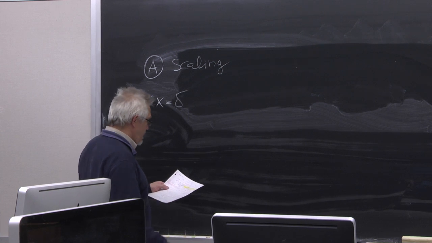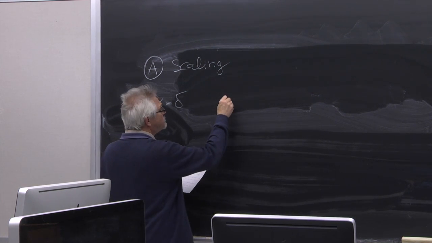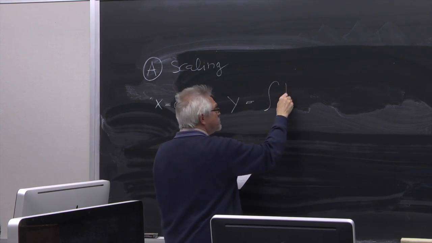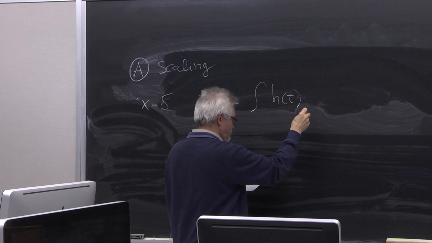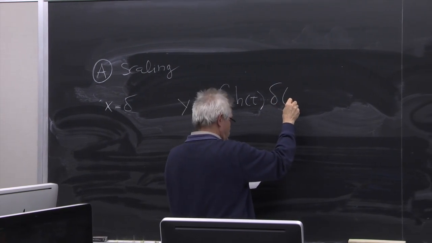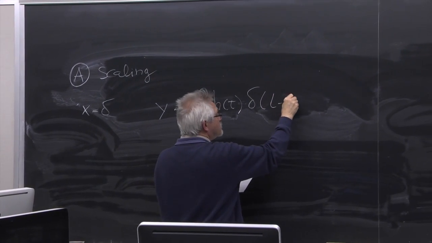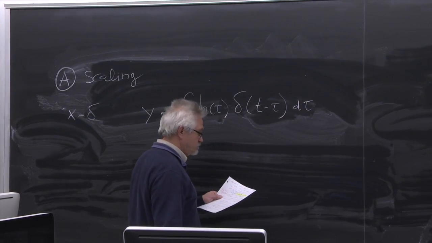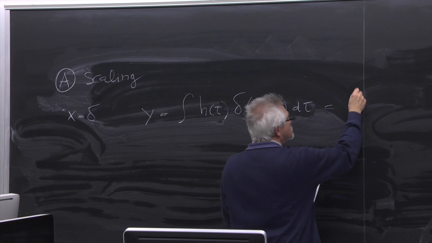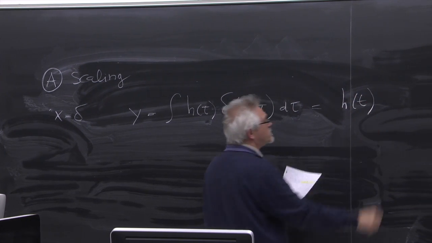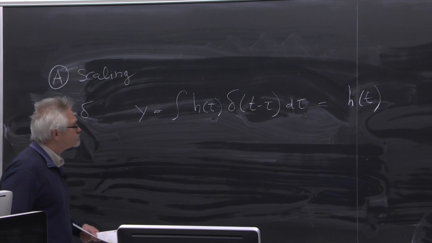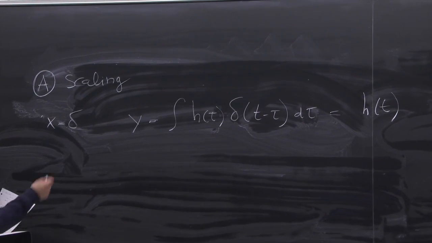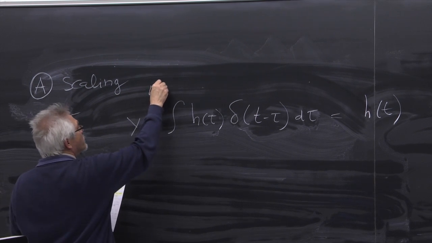And let's say that I have a linear system. I had this situation, isn't it? And this is what I would get. So this is an LTI system.